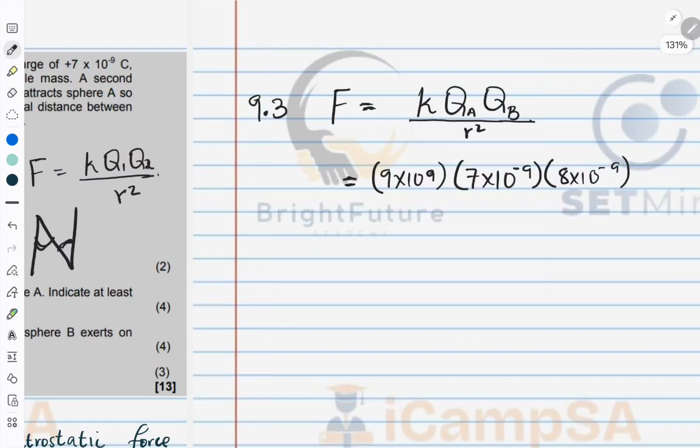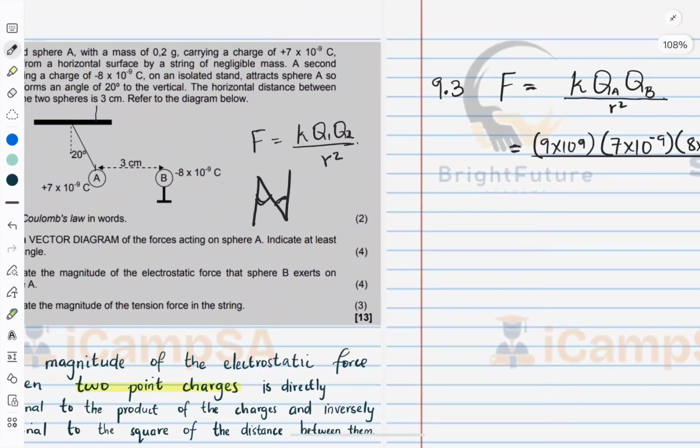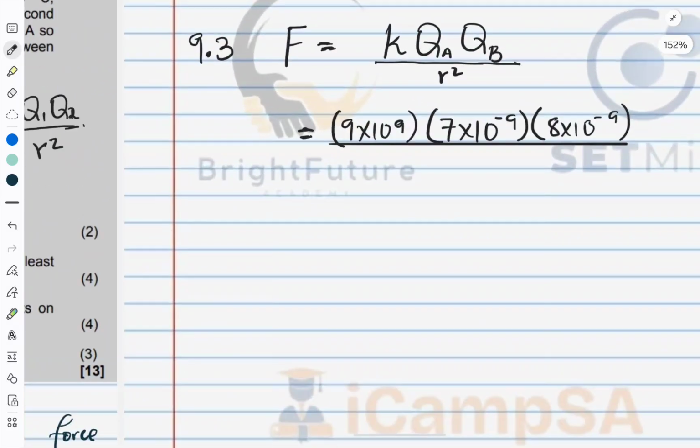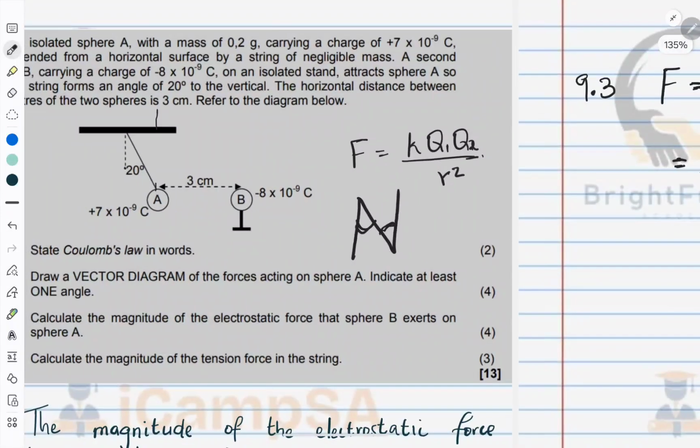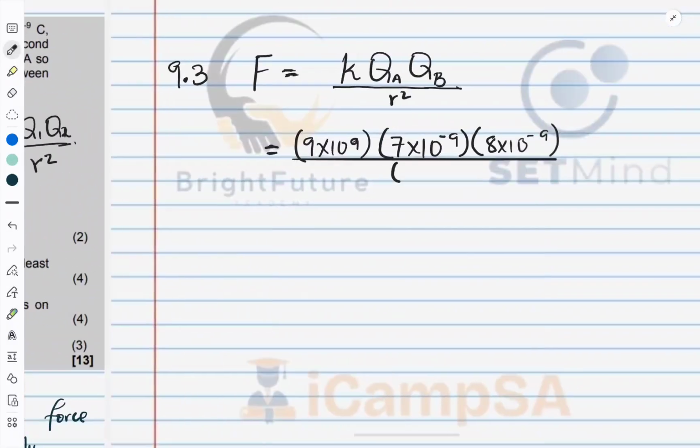Notice that we never include the signs; we just take the magnitude of the charges. You don't care about the signs when you're calculating the force, but you must be able to interpret your answer nonetheless. The distance between these two is 3 centimeters, so that's 0.03 meters.